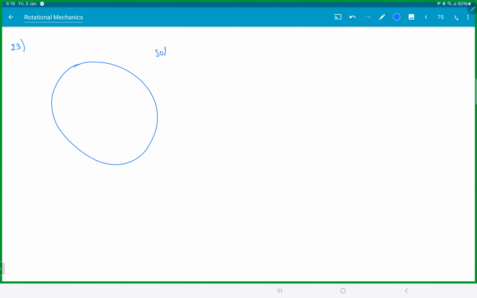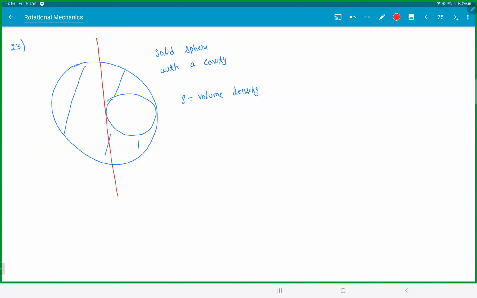Solid sphere with a cavity. Rho is the volume density, radius r. About this axis.